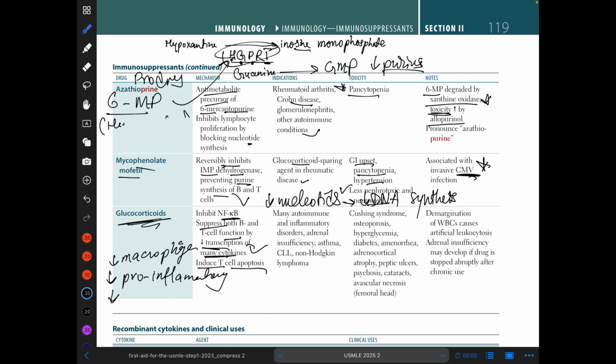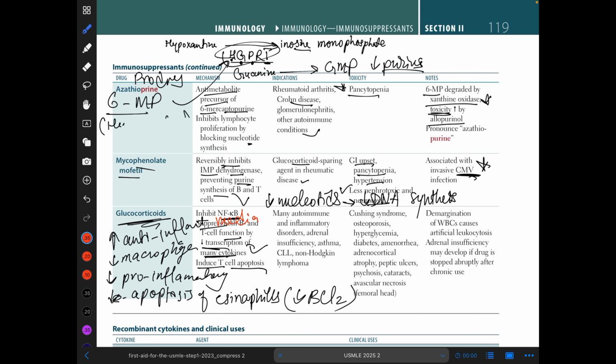Also, it will decrease the number of eosinophils, or you can say it causes apoptosis of eosinophils and natural killer cells, by decreasing the expression of BCL2, and also increases the concentration of anti-inflammatory mediators.